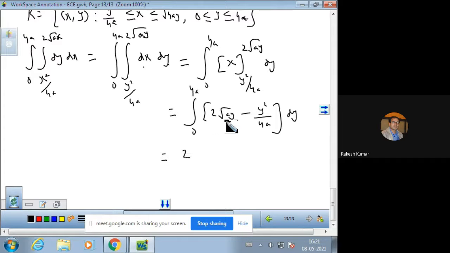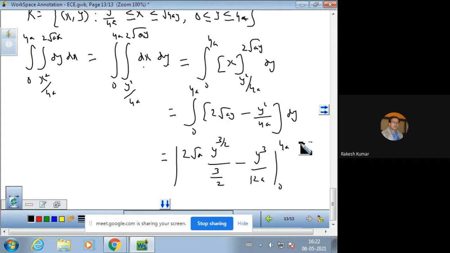Now we have to integrate with respect to y. 2 square root a stays, and square root y means y raised to power 1 by 2. Its integral becomes y raised to power 3 by 2 over 3 by 2, minus y cube over 3 fours are 12. Limits are 0 to 4a.